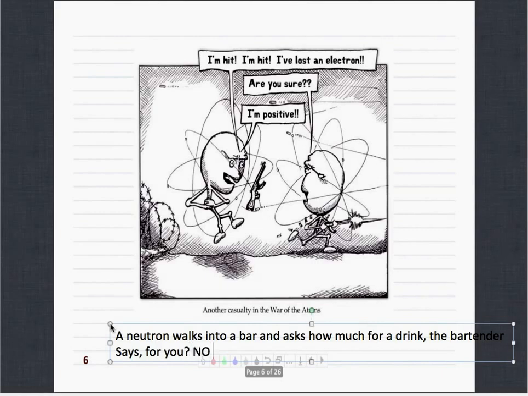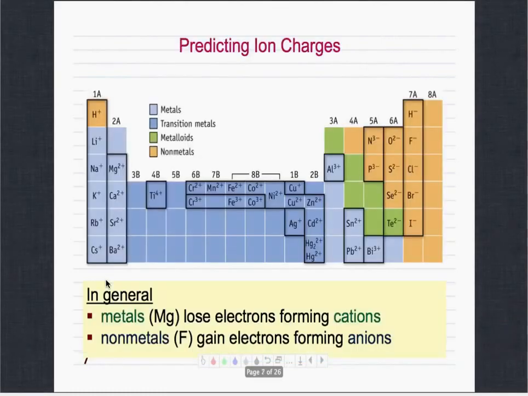Now, let's predict. Let's say you have this periodic table. From the periodic table, you can predict the charge, whether it is a plus charge or a negative charge. The second thing, whether it's going to be like an A plus or an A 2 plus. So all group 1A, they tend to lose one electron.